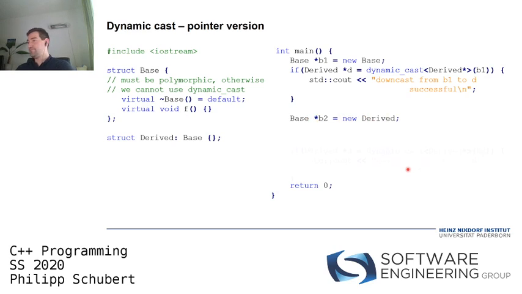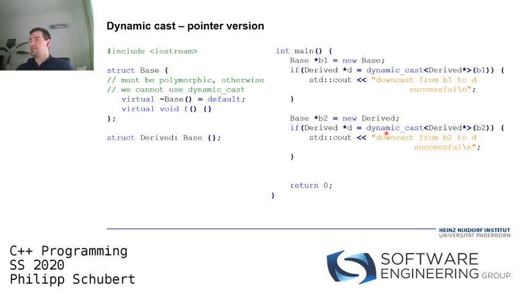We can store the derived pointer into a base pointer. That works. And now we can have another dynamic cast where we try to cast the base pointer into a derived pointer to access maybe derived extended functionalities. So maybe derived also implements some more stuff, and if we then wish to access it, we need to downcast it to derived.